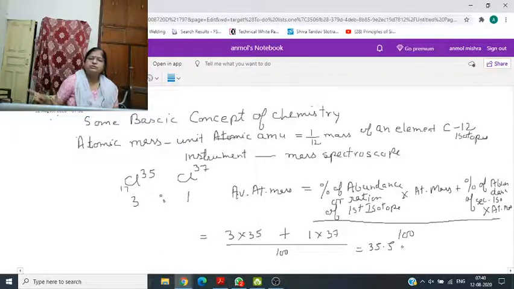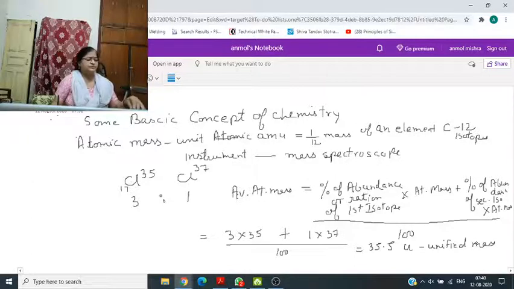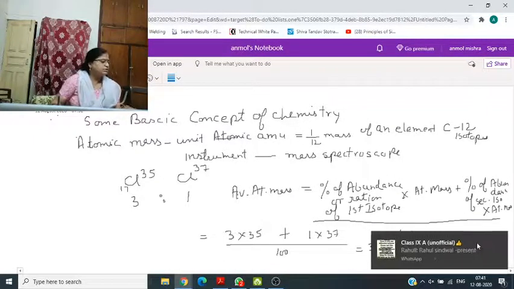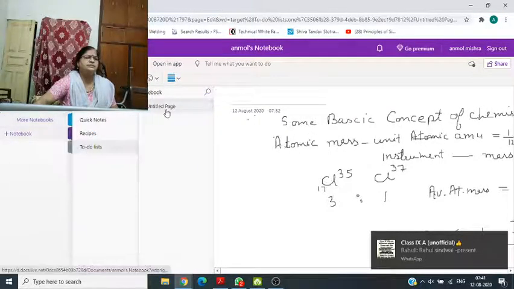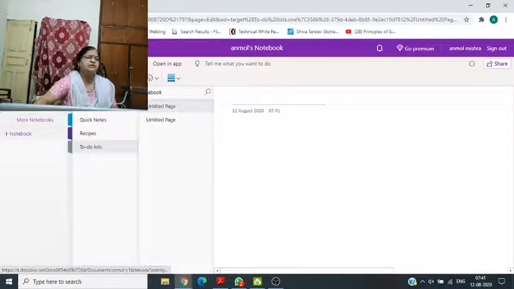Nowadays it is used as u. u is unified mass. Similarly, there are many elements which exist as isotopes, and the atomic mass of the elements is calculated. So I will give you one more example to calculate the average atomic mass.